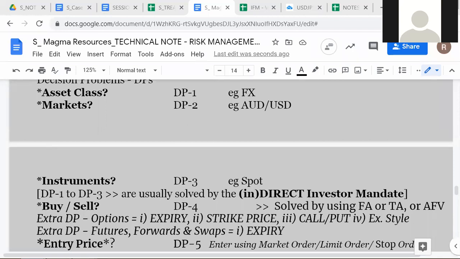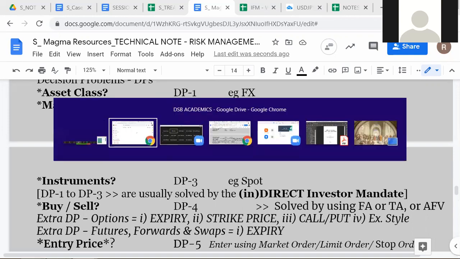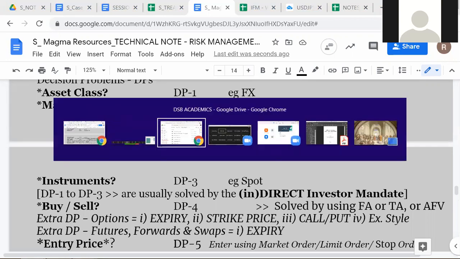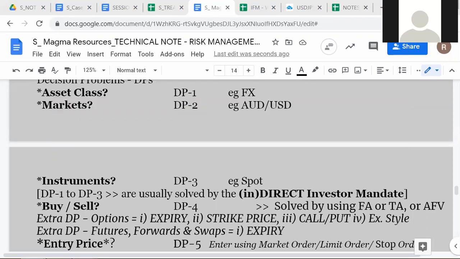Priya doesn't remember? Okay. Are you guys able to hear me? Yes, sir. You can hear me. Okay. So everybody's forgotten what direct and indirect investor mandate is.